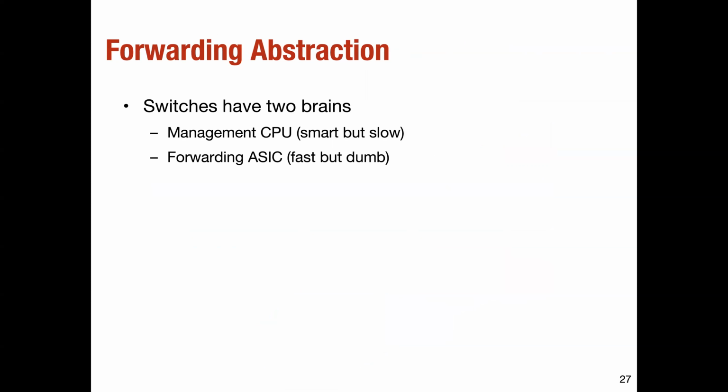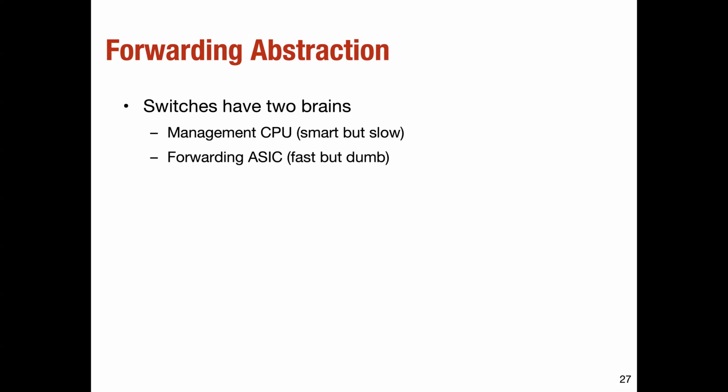Now the third abstraction is the forwarding abstraction. As we know, switches have two brains, right? One is the management CPU, which is very smart because it is capable of doing general purpose computing, but it is slow. And then we have the forwarding ASIC, which is very, very fast, but it is dumb because it can only do a certain set of operations.